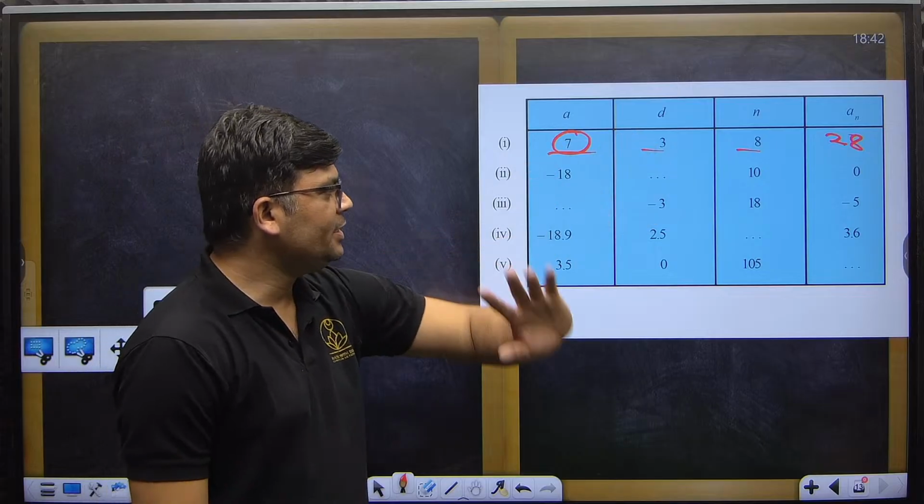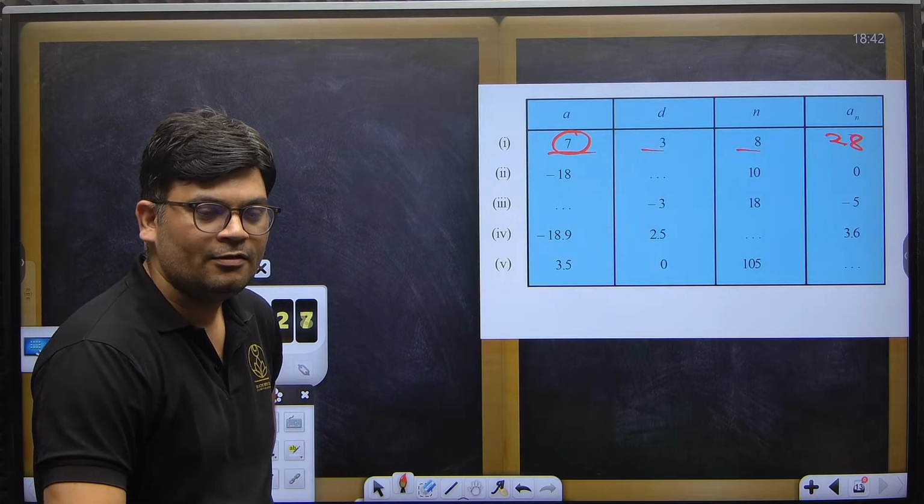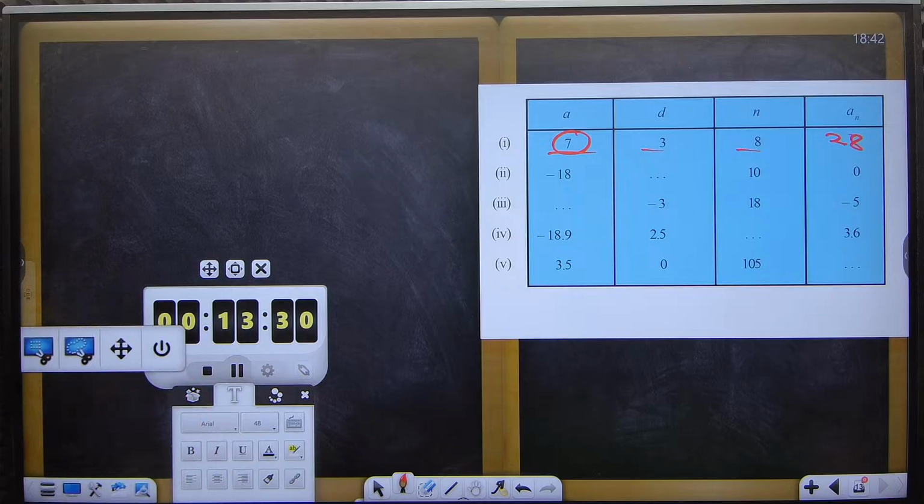Now tell me what is D here. Find D in the second question. Two.